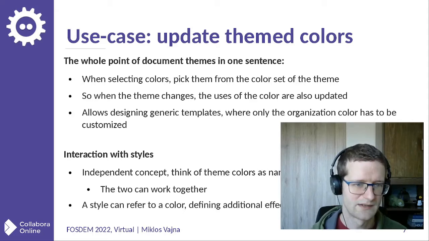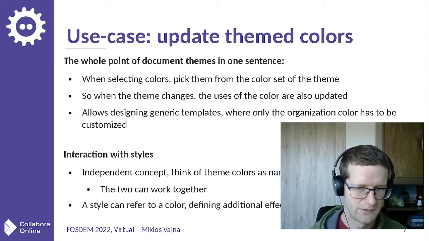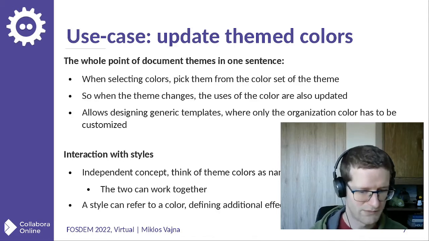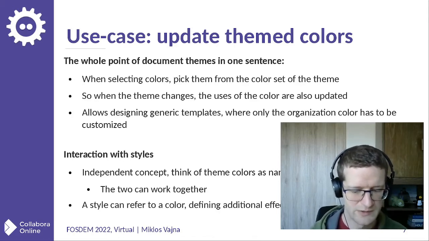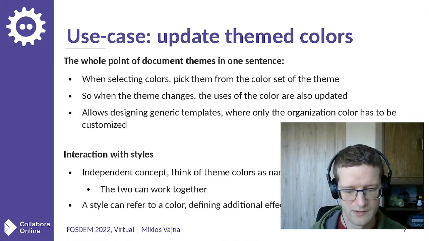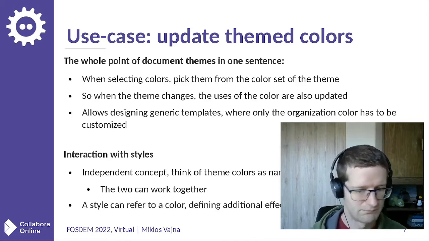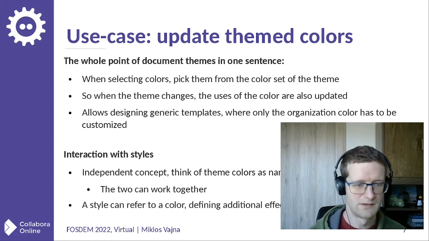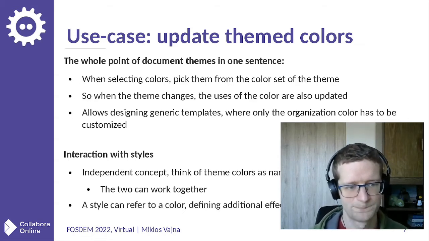This means that designers can create generic templates, which not only look good, but you just provide the colors of your organization in some document theme, and then once you update the theme in the document to match your colors, then the template will automatically look good even inside your organization.